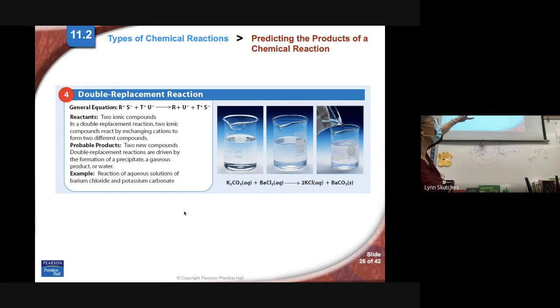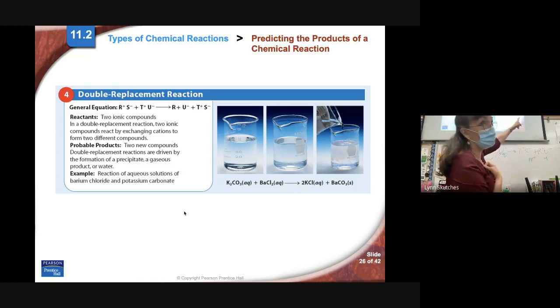The potassium, remember, is a +1, carbonate's a -2, so you need 2 potassiums in that compound. And that's convenient because barium's a +2 charge. It's in the same family as calcium and magnesium, and it has 2 chlorines, so very handily. You have to watch out. It's not K2Cl2.